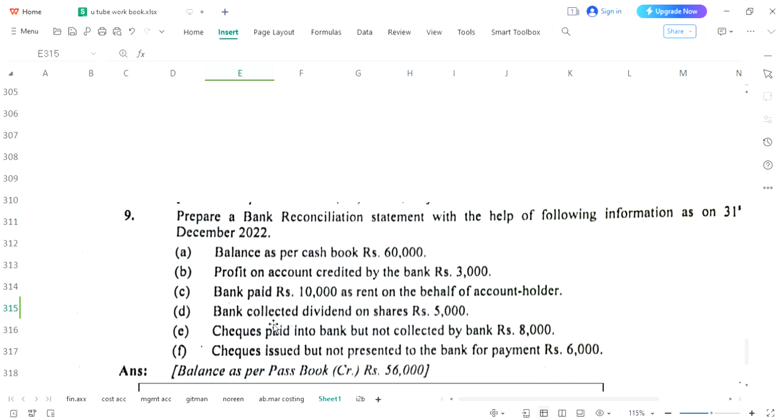Bank collected dividend. It means the bank has collected dividend on our behalf. Again, it's an income. When our bank is collecting our income on our behalf, it means the amount present in our bank account would be increased. An increase in the bank account should be debited. And secondly, the rules say if it is income, it should be written on the debit side.